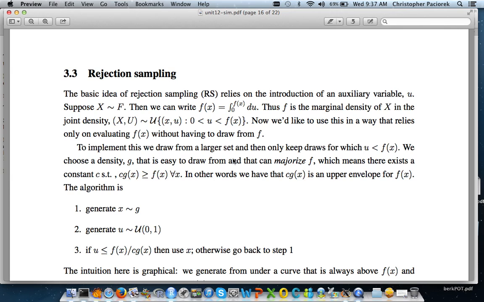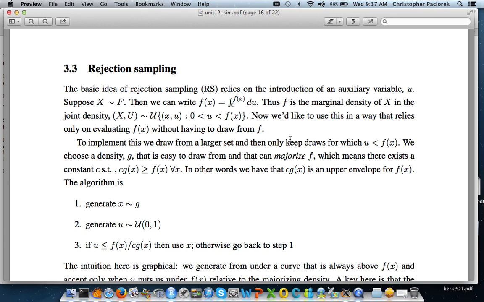Or this might be a multivariate density. But we don't have a recipe by which we can generate random numbers from this distribution. Unlike the normal or the gamma or the t, we don't have a standard recipe by which we can generate from this distribution. So there are a few different strategies that we can take when we come across this situation.